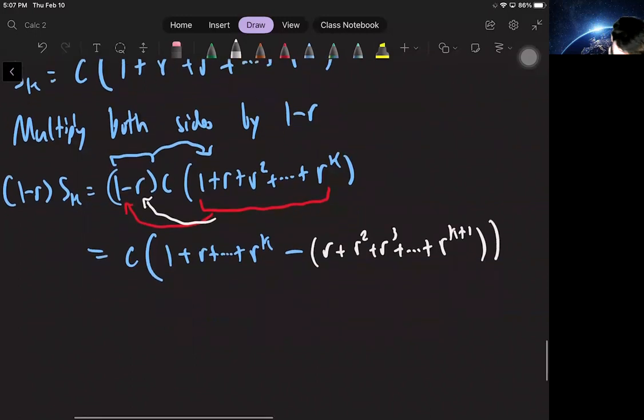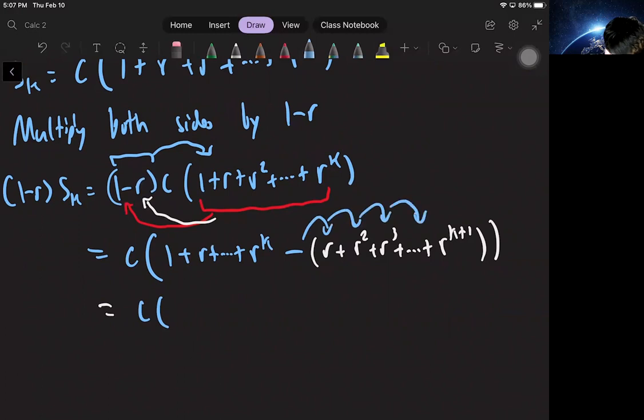So then we're here. And what's going to happen when I subtract each of these? Well, a bunch of them will cancel. So r minus r is 0. The next one, r squared, which is in these ellipses, will cancel with r squared. The r cubed will cancel with r cubed. They're all going to cancel except this one didn't have any pal to cancel with.